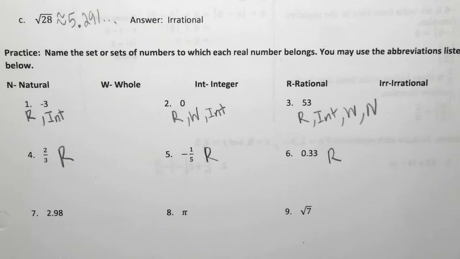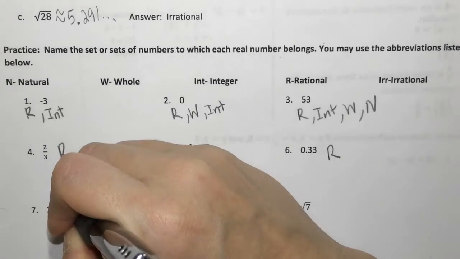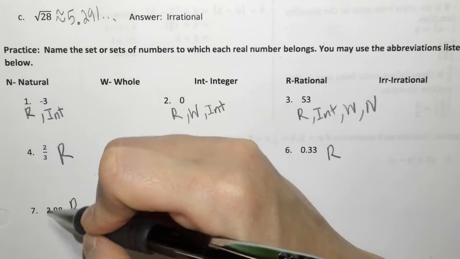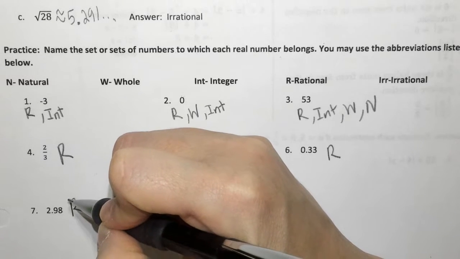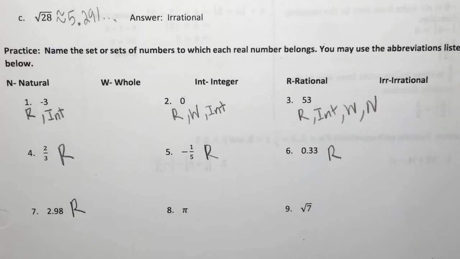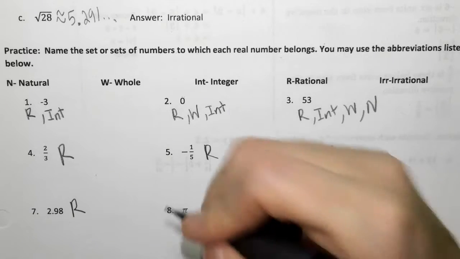Number 7, Andrew. Okay, because this one is called a terminating decimal. Remember, that's part of our rational definition up there. It includes terminating and repeating. Okay, number 8, Nick. Irrational. Good.